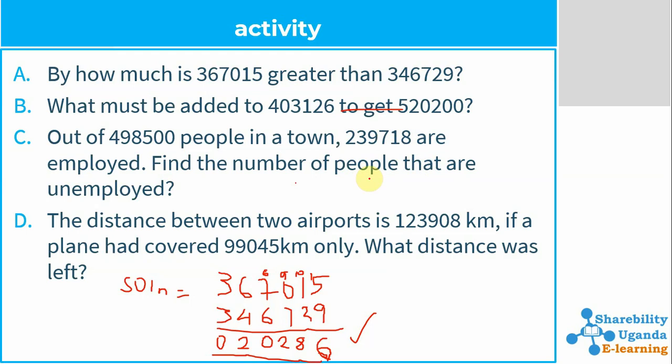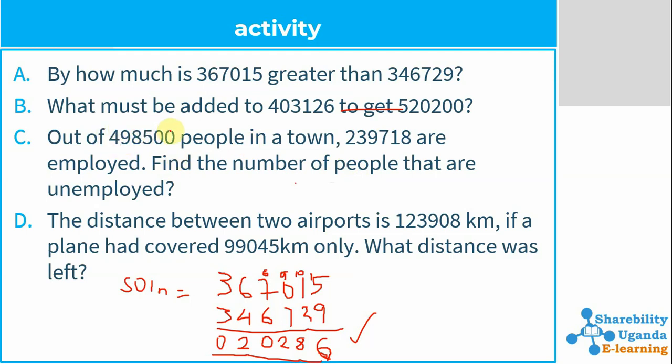So we can find out the number of people who are not employed by getting the total number of people within the town. After getting the total number of people within the town, we can now know the people who are not employed.